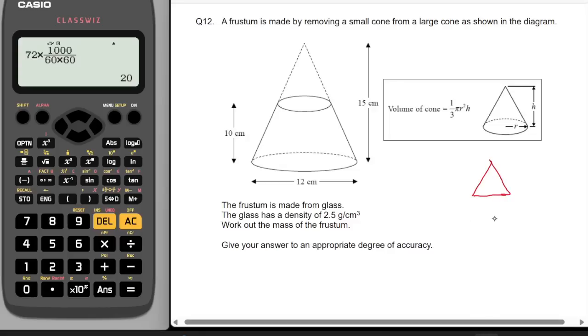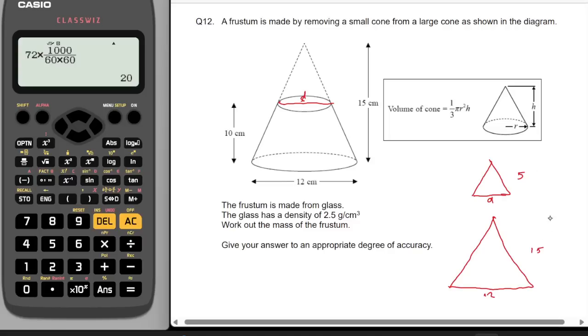And then what I need to work out is the height, what I need to work out this radius here, or this diameter. I'll call it diameter for now. So currently I've got a diameter there, I've got 12 there, I've got a total height of the cone of 15, and then the height of the bit that's chopped off is 5.